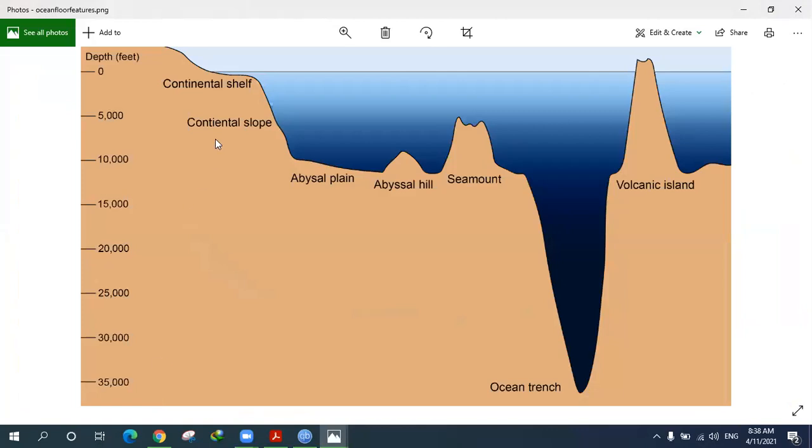Let me say something quickly because we only have 3 minutes. Here we have the continental shelf again. This is the beginning of the ocean, the place where it's still a little bit shallow. As we go deeper, we have the continental slope, where the ocean floor slopes or moves steeply downwards.